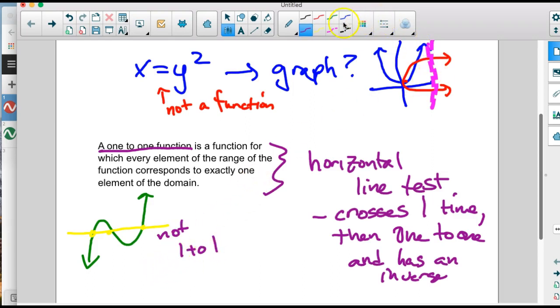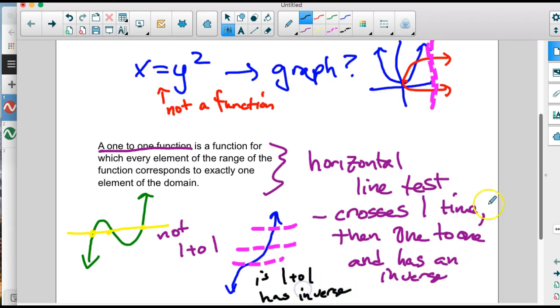But if you have a graph that looks like this, same type of graph, but it just goes this way, then we can draw a horizontal line anywhere, like here or here or here, and it would only cross once. So this is one-to-one and has an inverse.